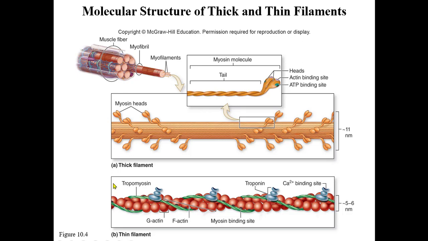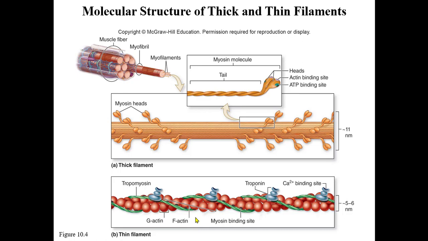So tropomyosin belt, the green little belt. Then I see troponin, and to me it looks like a snowman. So troponin, this little troponin piece. And then most of these things here are the red balls made out of actin. So the red balls are made out of actin.